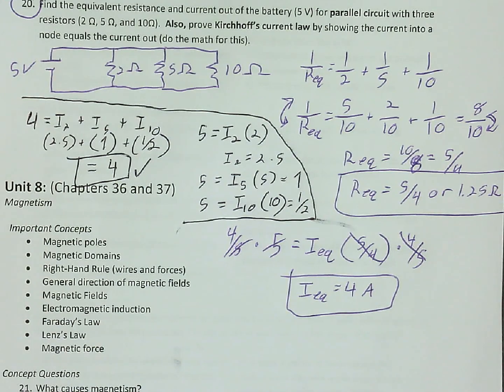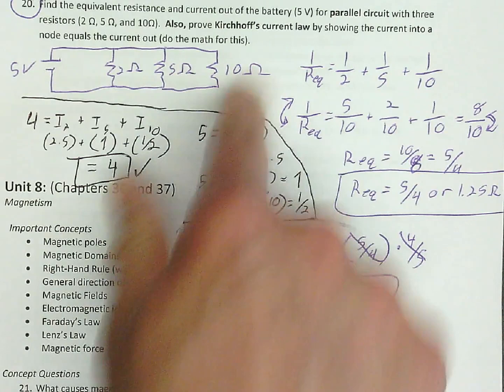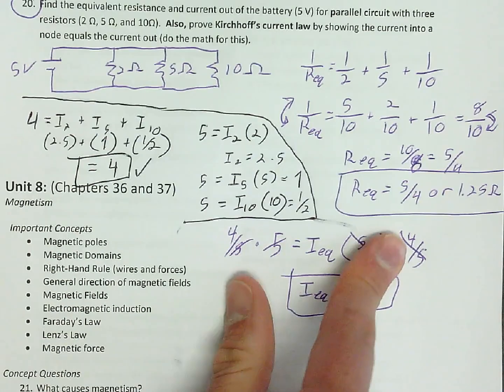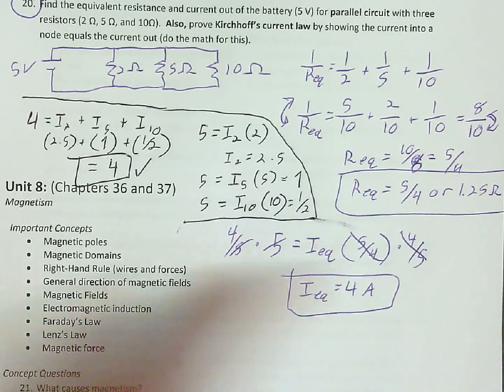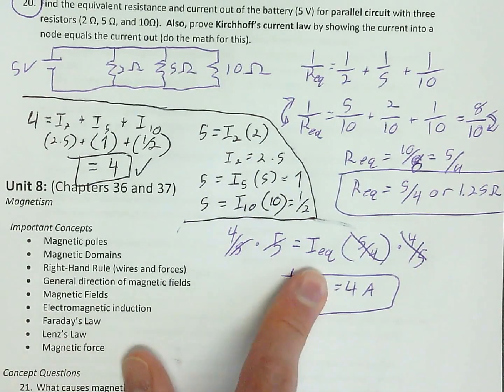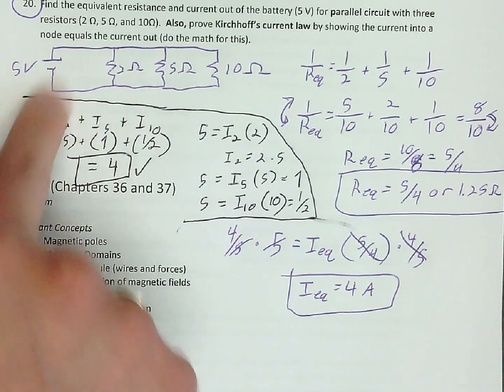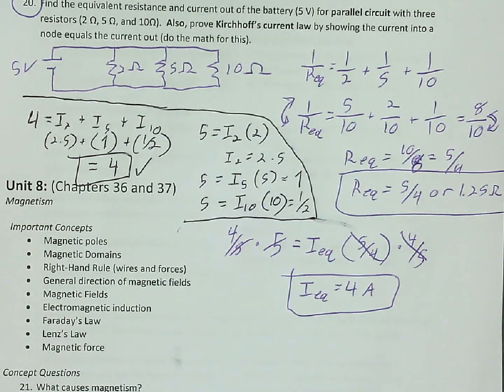Again, you're likely to get this as several problems. One problem where you have to find the equivalent resistance for a parallel circuit. One where you just have to do a basic V equals IR. And then something like this where I give you some of the voltages or the currents and you have to find the others, or you have the total and you have to find what the split would be.